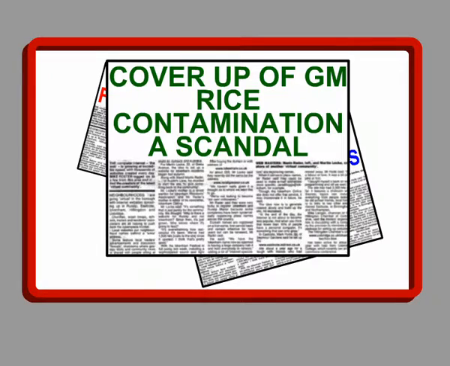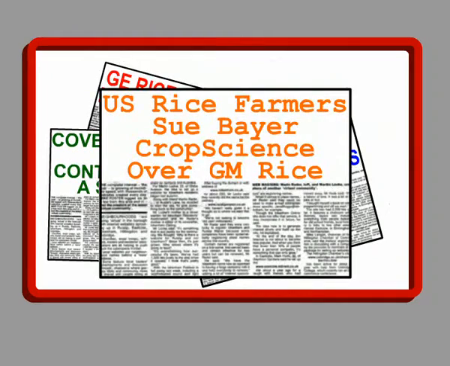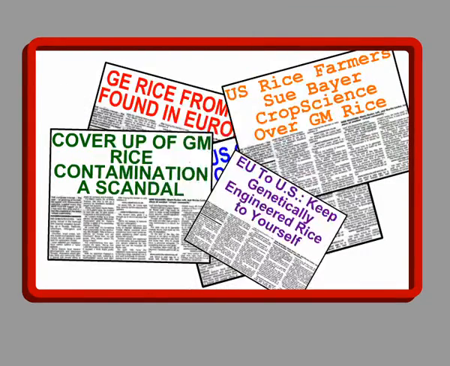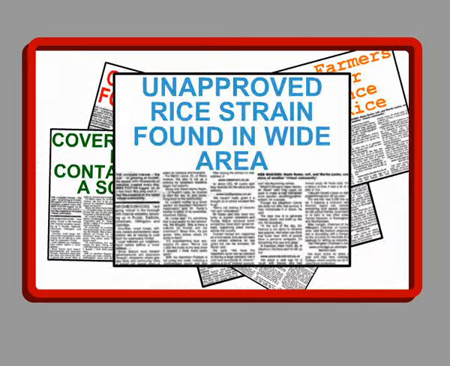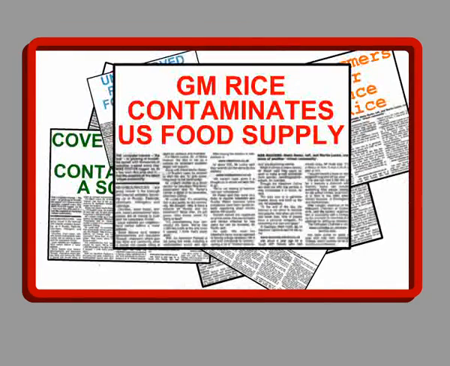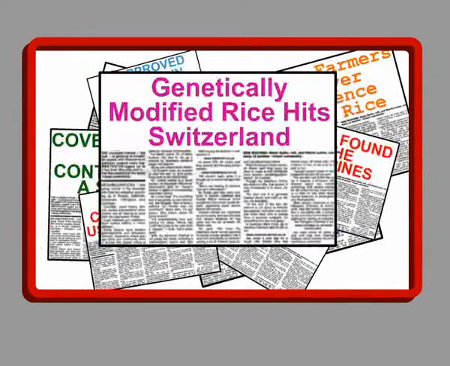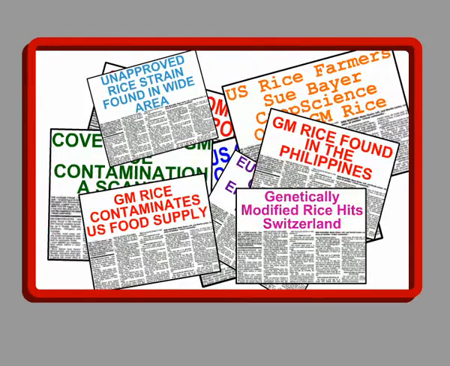Some companies banned rice imports from the US, and American farmers lost millions of dollars due to this contamination. All these incidents just prove how impossible it will be to prevent the contamination of our fields and food supplies by GE crops. It also shows how much farmers stand to lose from such incidents.